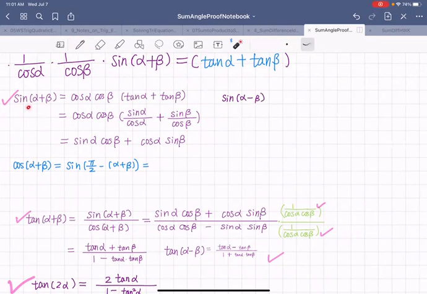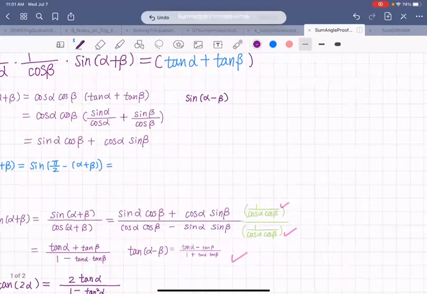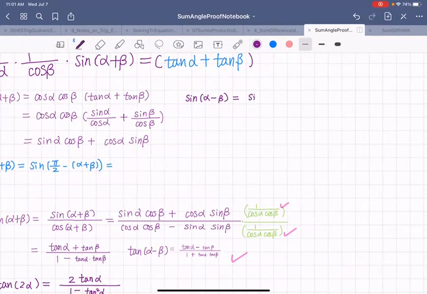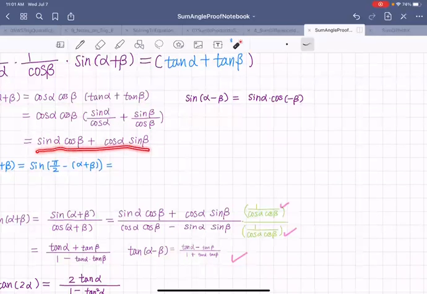If sine alpha plus beta equals this, let's see, sine alpha minus beta equals how much? This is sine alpha times cosine negative beta, right? This can be rewritten as alpha plus negative beta, right? So use this formula.